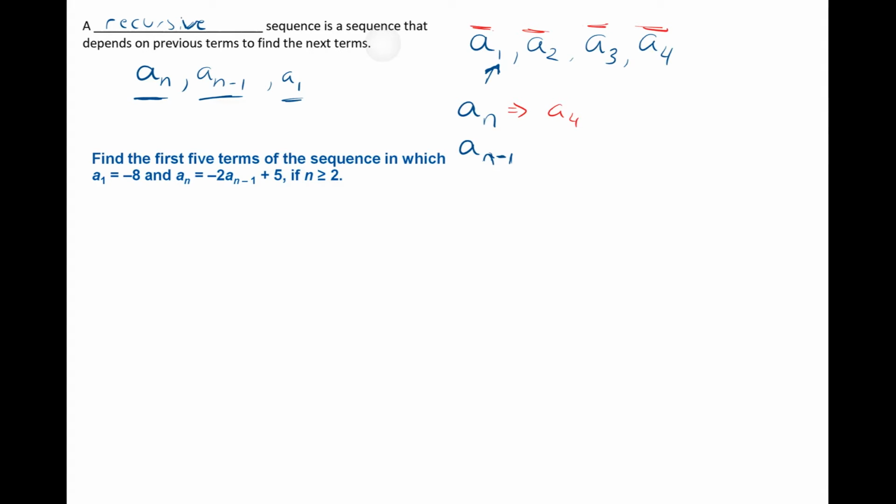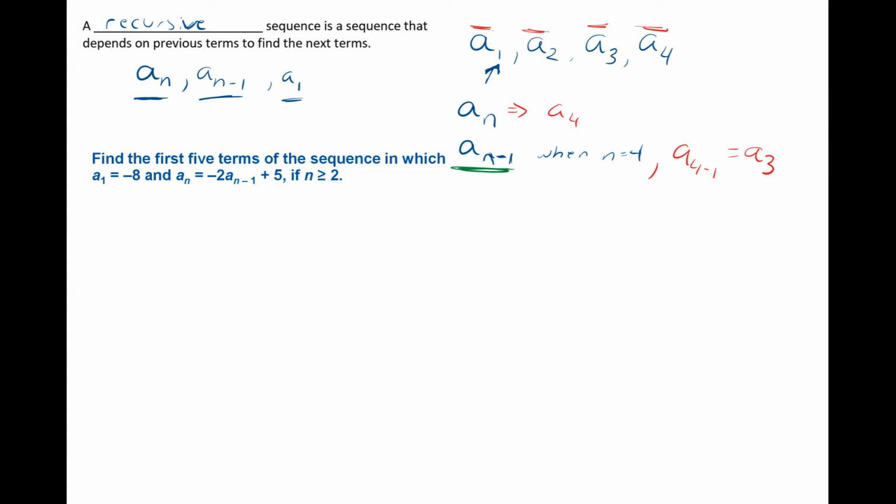So for example, a sub n minus 1, when n is equal to 4, goes to a sub 4 minus 1, which is equal to a sub 3. So when n is equal to 4, I'm talking about a sub 3 there, the term right before the nth term. And let's get some work with that to drill home that idea, because when we're dealing with recursive sequences, we're going to see a sub n and a sub n minus 1, which is talking about a previous term.